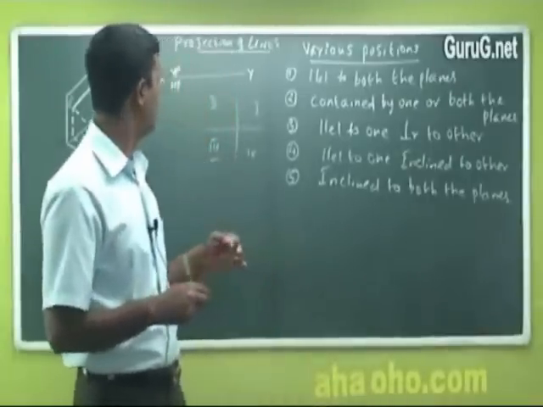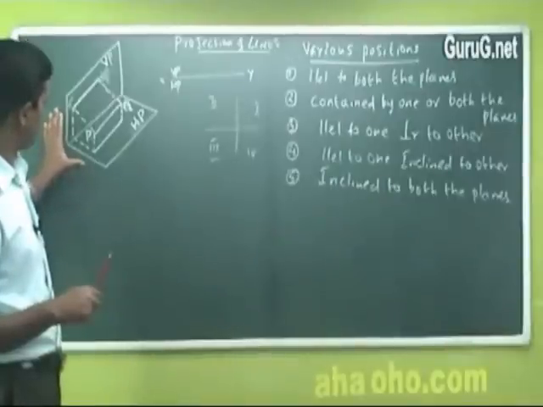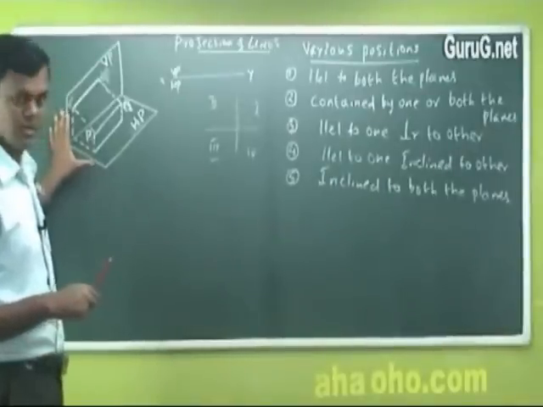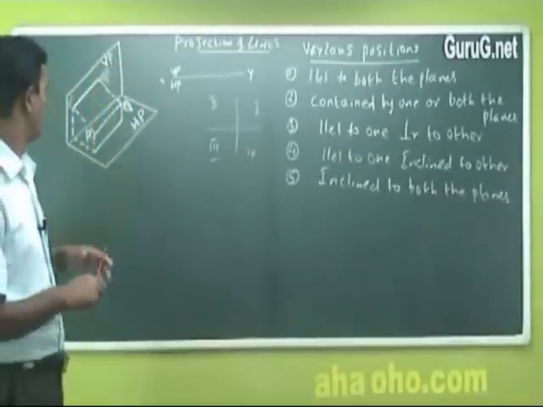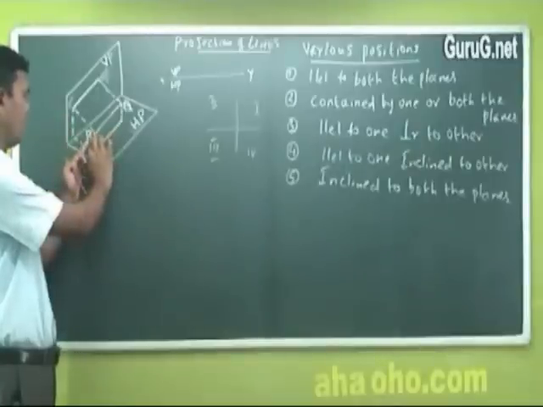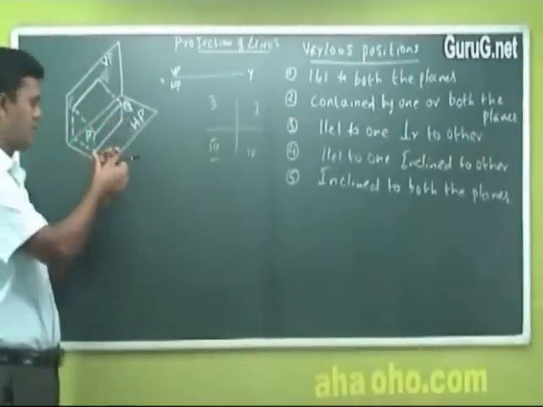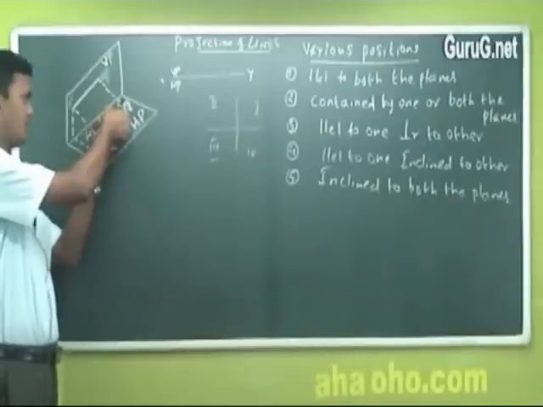Now look at this figure. This is a picture of your horizontal plane and vertical plane. Here I have taken a line PQ. Suppose this pencil is the line, kept like this.